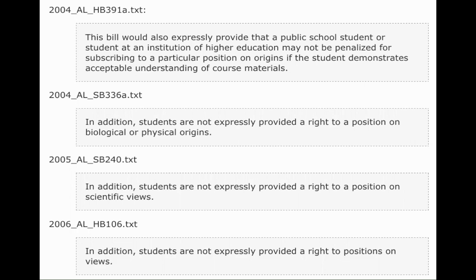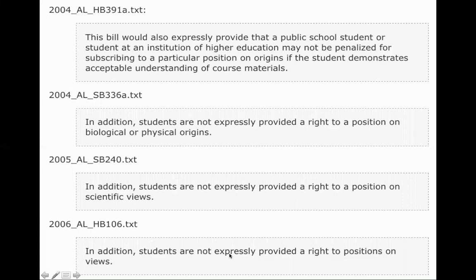Just to show you how this looks, I looked across several Alabama bills from 2004 to 2006, and they clearly have related text, but it's clearly being modified, right? In 2004, they say students are not expressly provided a right to a position on biological or physical origins. In 2005, they say students are not expressly provided a right to a position on scientific views, so they're making it more vague.